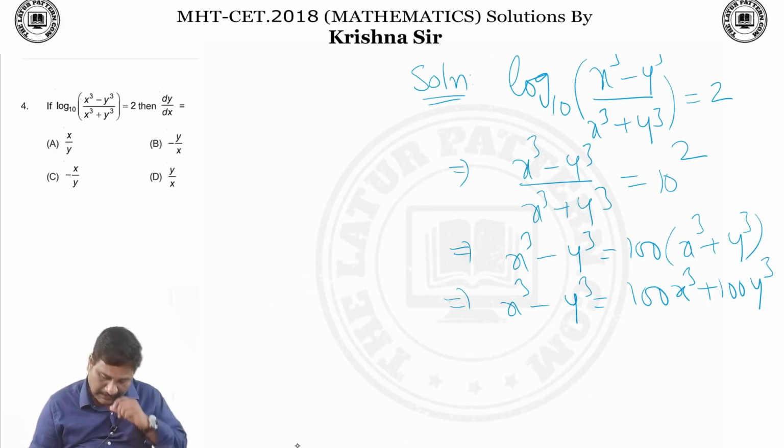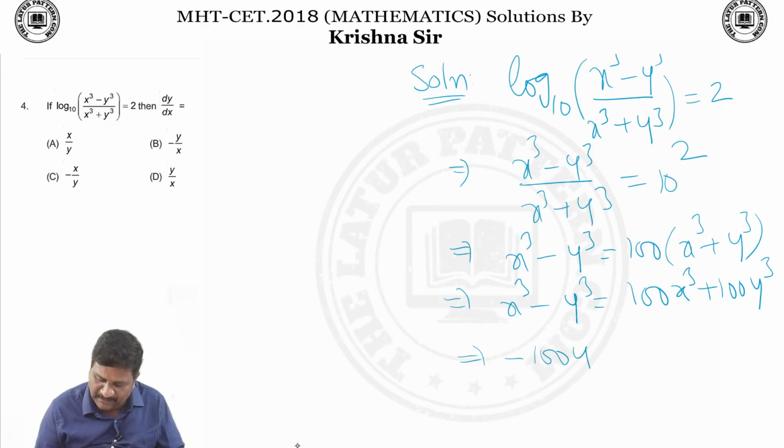Now we take terms to one side: x cube on this side and y cube here. So minus 100 y cube minus y cube, and here 100 x cube minus x cube.